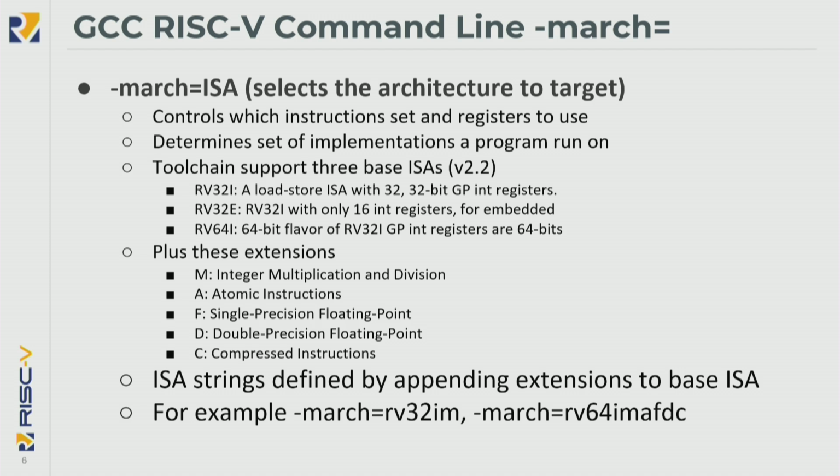As you can see, some examples are RV32IM, with the extension M, which means that this particular architecture supports integer multiplication and division. Or on the other hand, you can say RV64IMAFDC, which basically supports all the extensions.